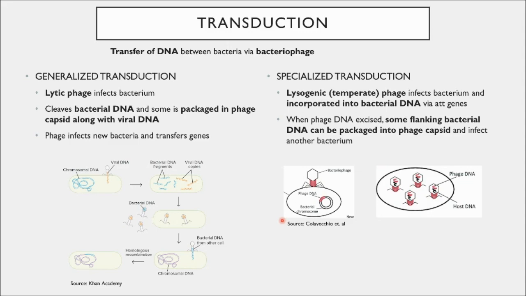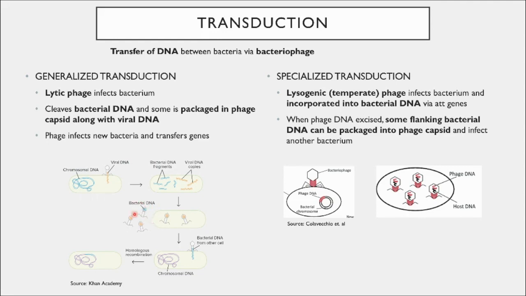Transduction is really just another form of virus-mediated horizontal transfer. So there's two flavors of this. There's generalized transduction and specialized transduction. In generalized transduction, it's just like a normal virus infection. So a bacteriophage comes, it infects the bacterial cell, its DNA has now entered it, it replicates itself, but accidentally, some of the bacterial DNA in the process of lysing the cell got put in a capsid.